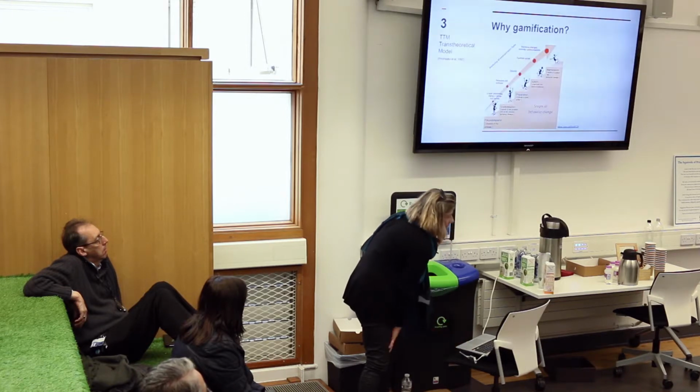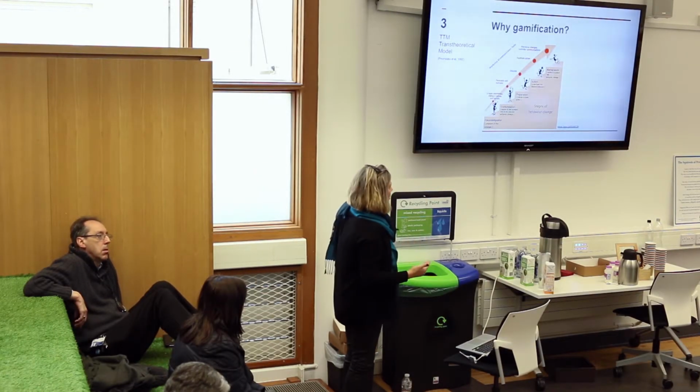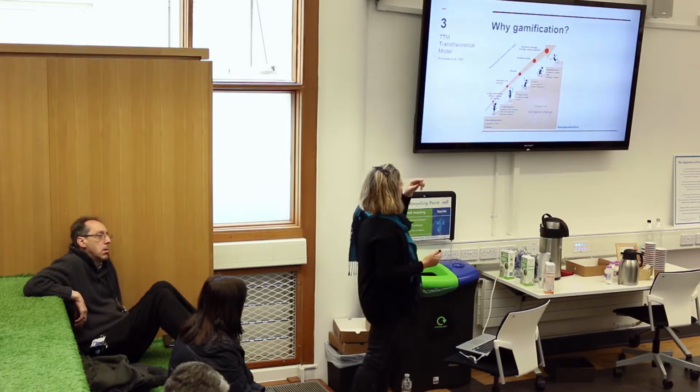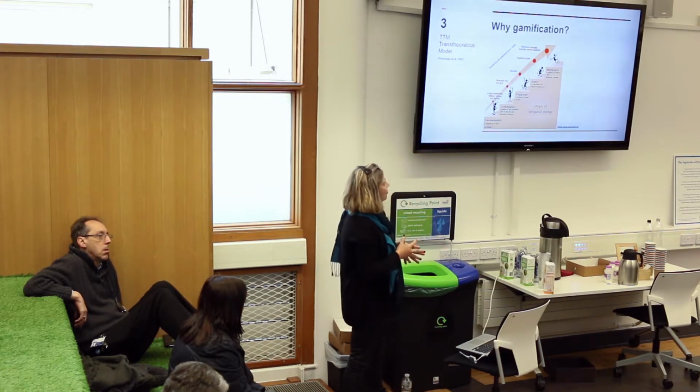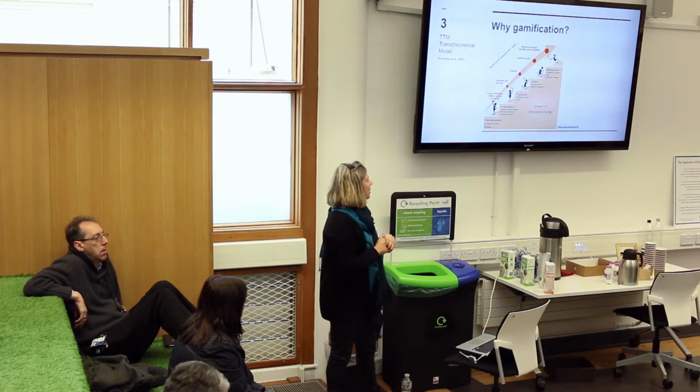This is not a very easy situation, because to change behavior we have to consider that the individual has to believe that he can change, and wants to change the behavior. So we have the transtheoretical model with the stages of behavior change. In the first stage no one wants to change any behavior, unaware of the problem, in the pre-contemplation.